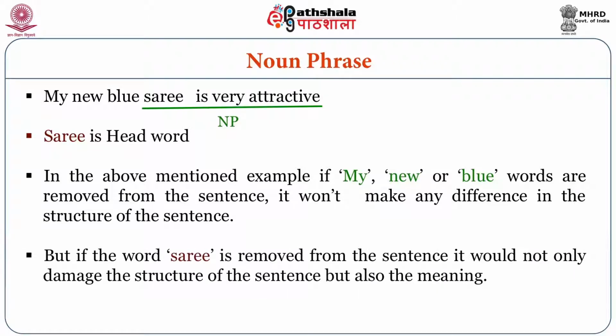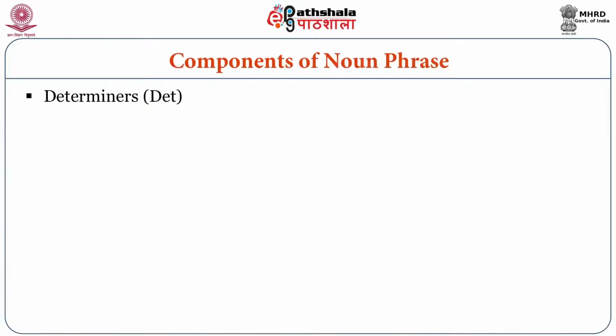But once you remove sari, then the sentence loses its meaning. If sari is removed, it would not only damage the structure of the sentence but also the meaning. So hence sari is the head word. There are two components of the noun phrase. One is determiner, known as det, and another is modifier, known as mod.